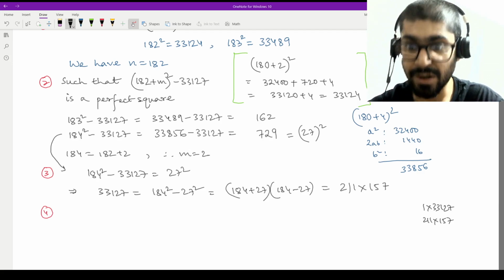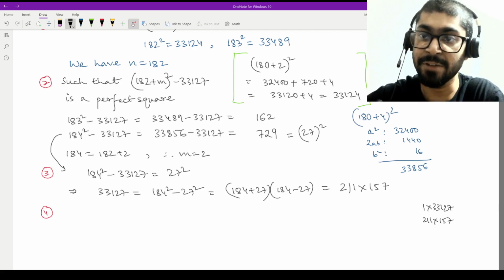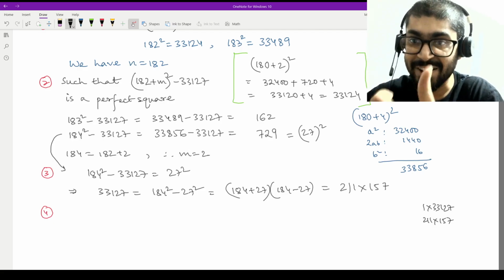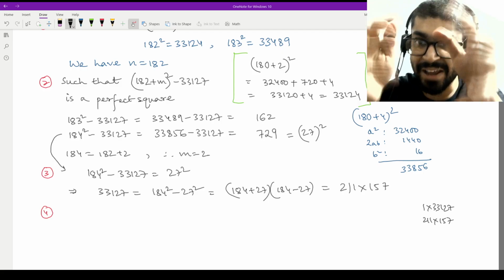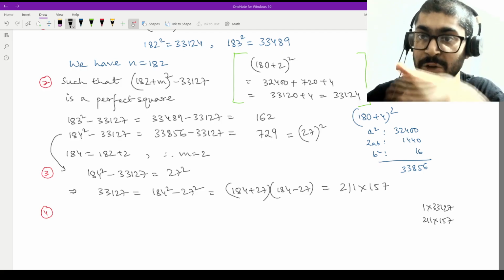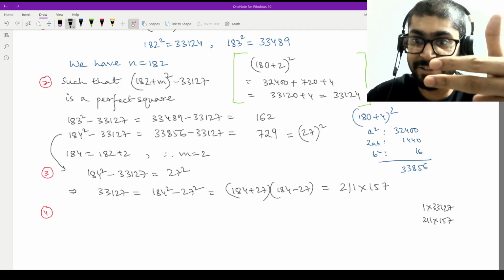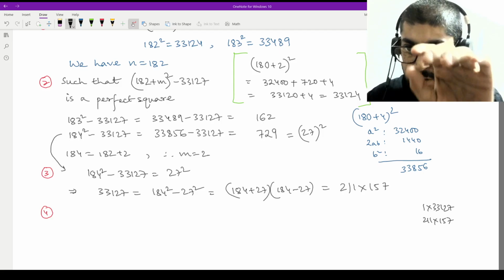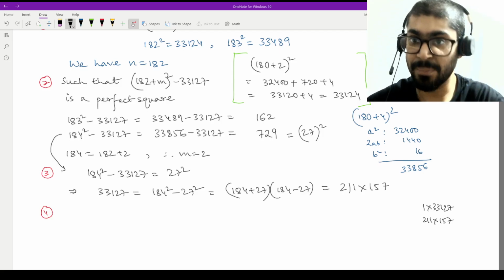Now this will happen only if 211 and 157 cannot be factorized further, right? Because if these can be factorized, then I can take out one factor from the left one and add it to the right one to make one more new set. But the question says that these are the only two sets possible. So we have to explain that 211 and 157 are prime numbers.